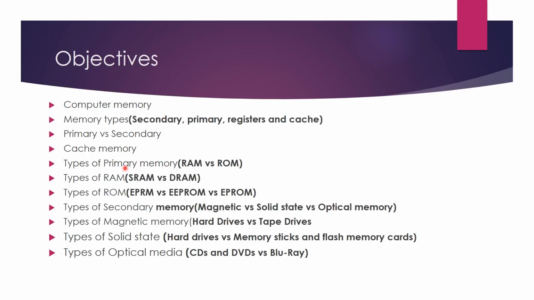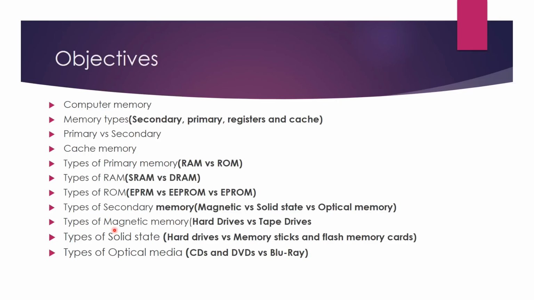Primary memory consists of two types, RAM and ROM. Then there are two more types of RAM, called SRAM and DRAM, and there are three more types of ROM, called PROM, EPROM, and EEPROM. Then we will talk about secondary storage devices, which consist of three types: magnetic, solid state, and optical.